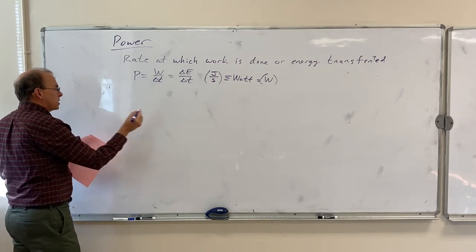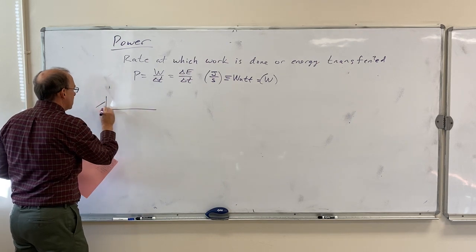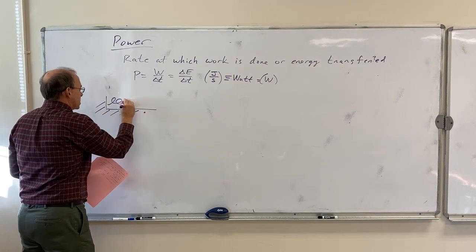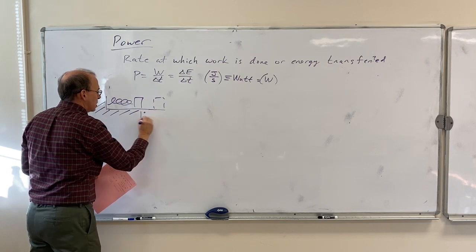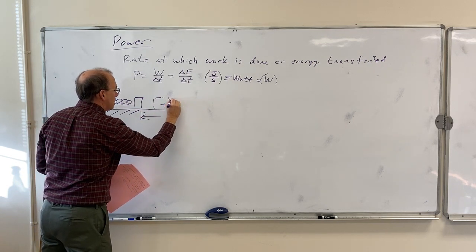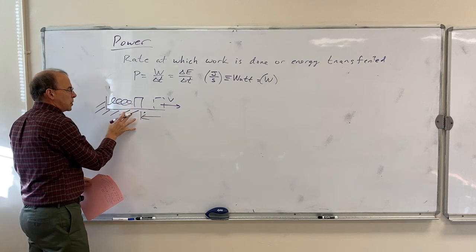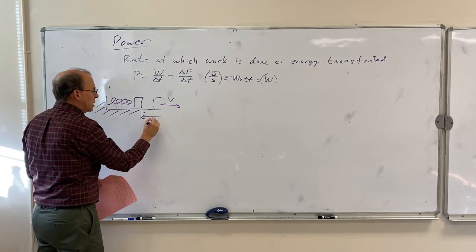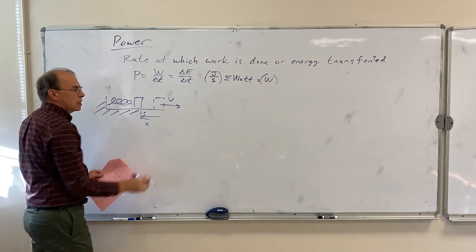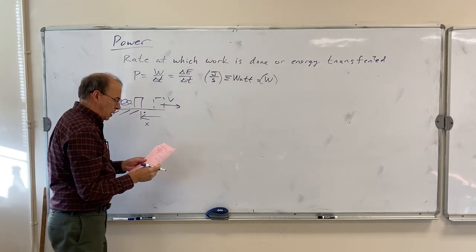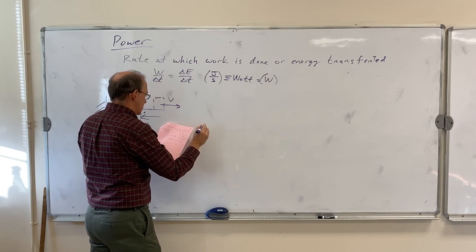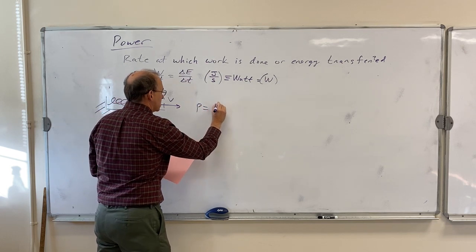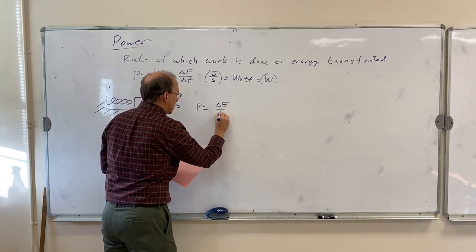So the example we just did for a spring, we compressed a spring, we had a block on it, we launched that block, we turned the potential energy of the spring into kinetic energy, and so the power in this case would be delta E over delta T.